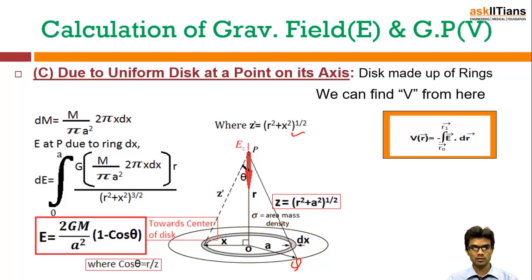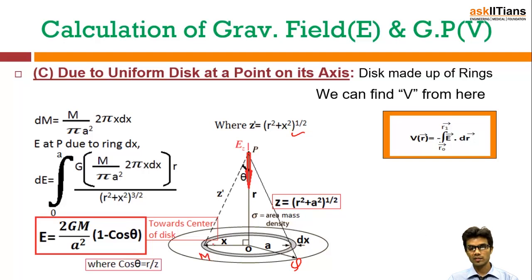Now we know that the disk is made up of rings. So this is the complete disk, and this is the small ring we have taken, a ring of thickness dx.